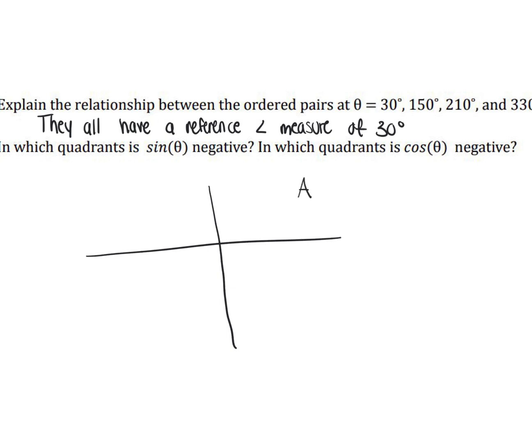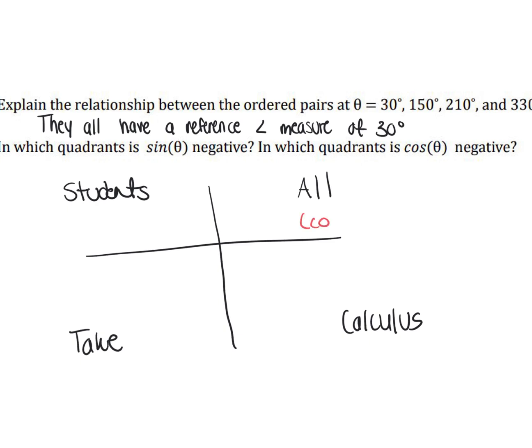You're going to remember: All Students Take Calculus. And the way this works is that in this quadrant, cosine of theta is greater than 0, sine of theta is greater than 0.